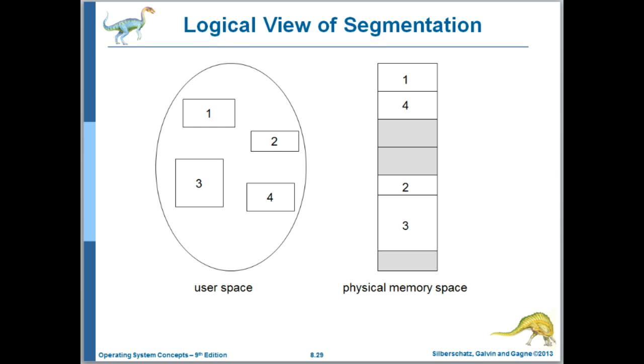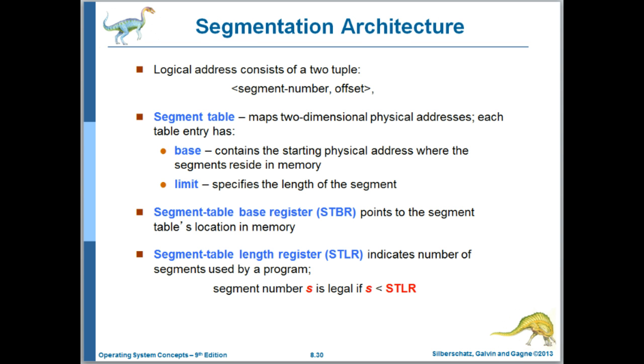And then those segments are allocated wherever there is room within physical memory. Now, note that each segment itself is allocated in a contiguous block of memory, but the segments themselves can be allocated wherever. So in a sense, what we've done is taken a partition and split it into subpartitions. Those subpartitions are known as segments.